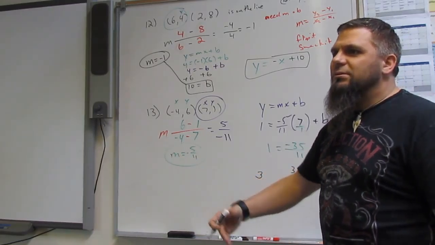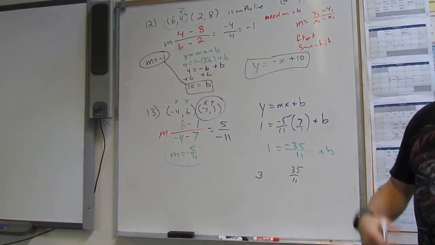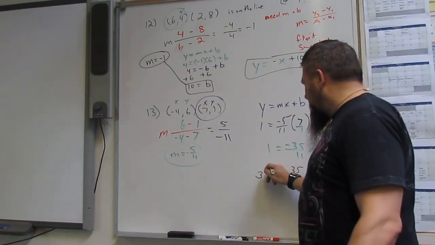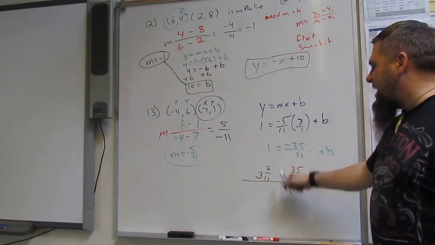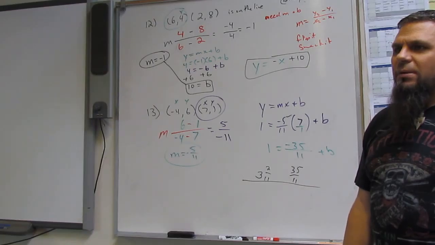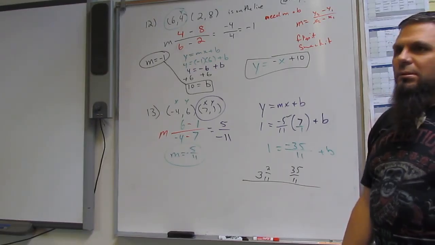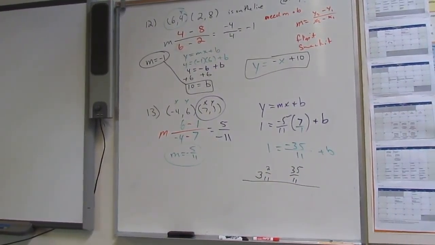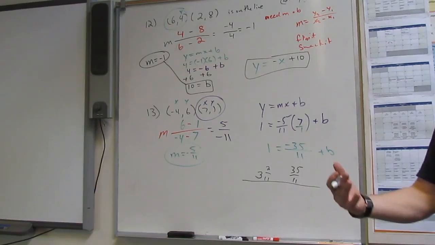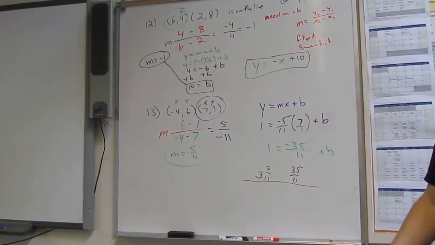How many's left over from 33 to 35? 2. 2 is left over the 11, and we're just adding that. So what is 3 and 2 11ths added to 1?